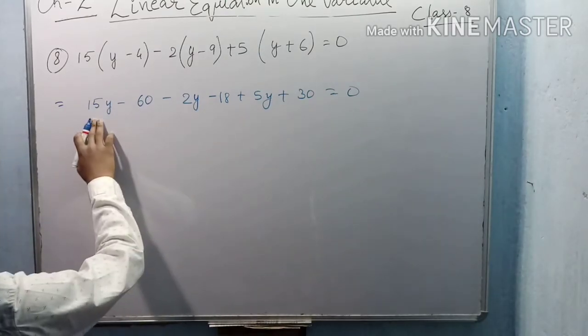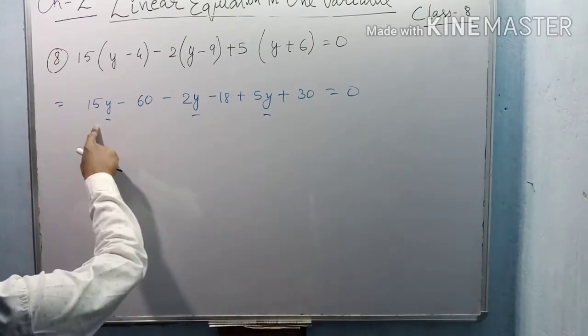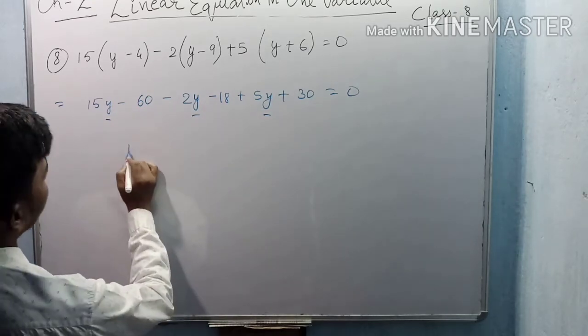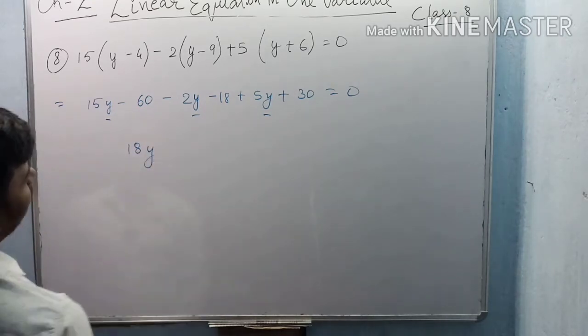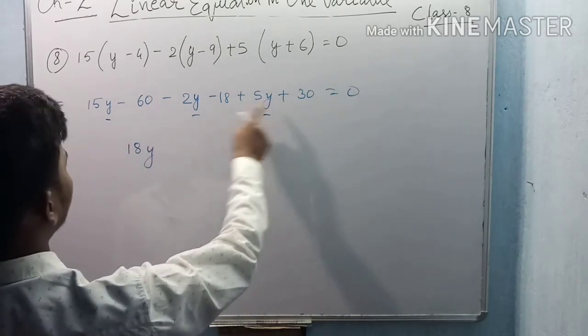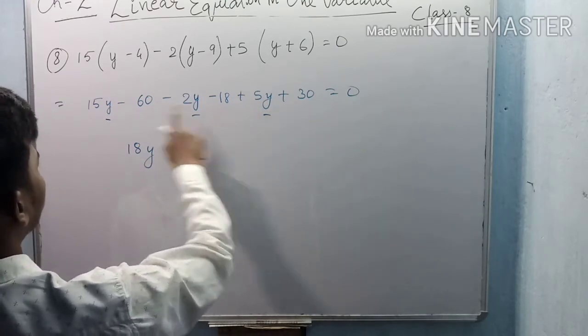Here 15y is there, the y terms. Okay, so 15 plus 5 will be 20, and 20 minus 2 will be 18y. Okay, so here is minus 60 plus 18 plus 30. So minus 60 plus 30 equals minus, but the sign goes with the greater number.